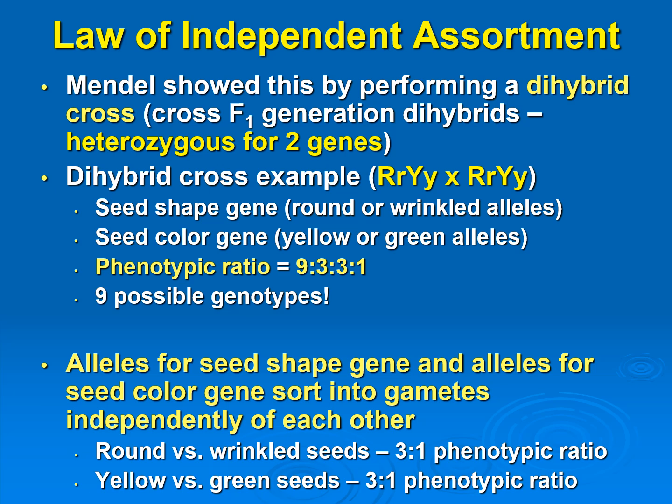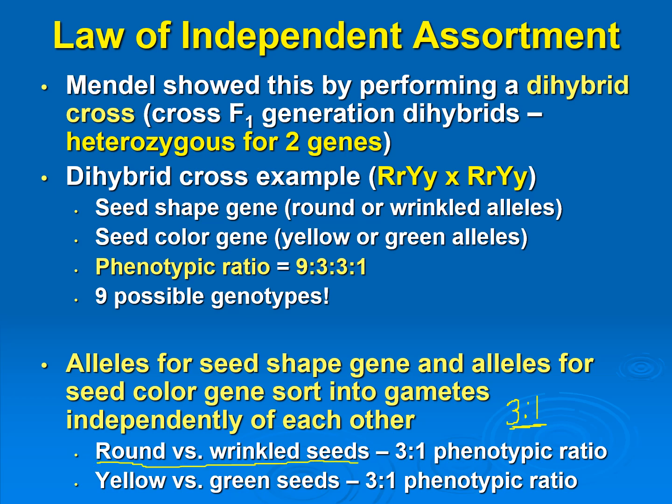Even though we're doing the law of independent assortment with this dihybrid cross and looking at two different genes, if you look at just the one gene, maybe just the seed shape, you can still see the law of segregation, where you see the 3-to-1 phenotype ratio if you're just looking at the round versus wrinkled seeds.